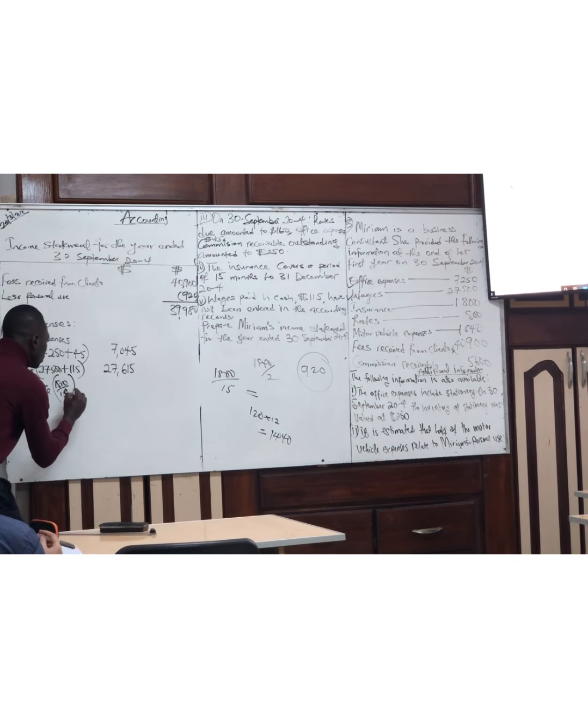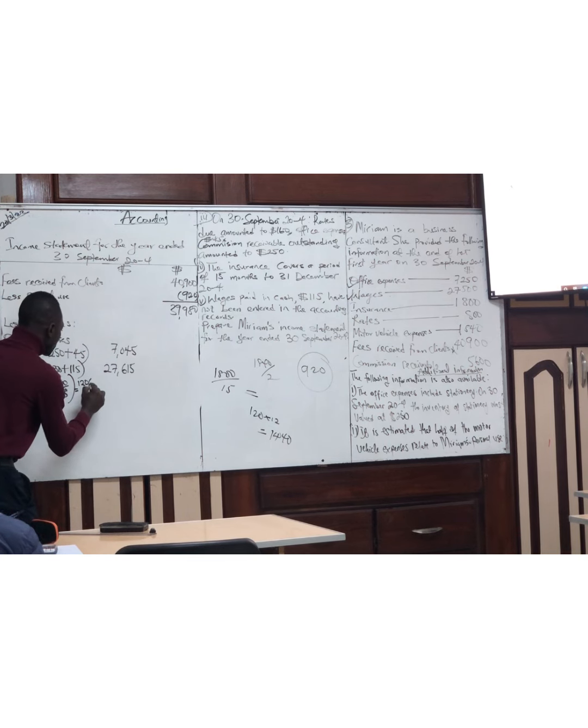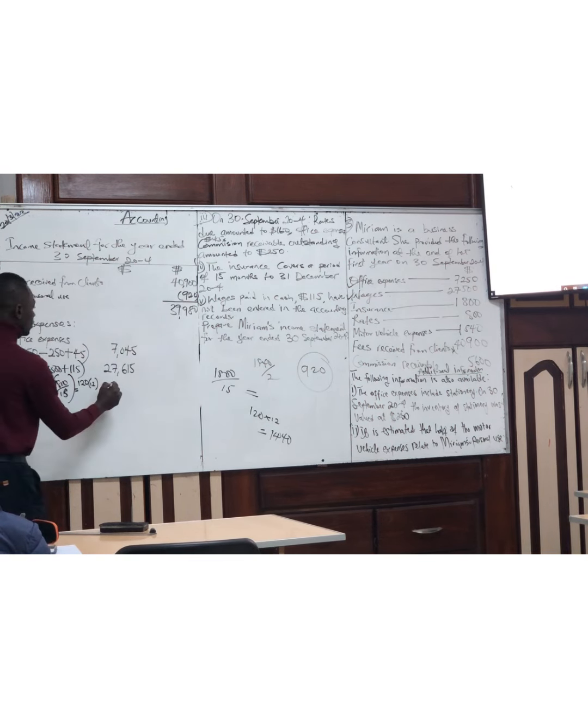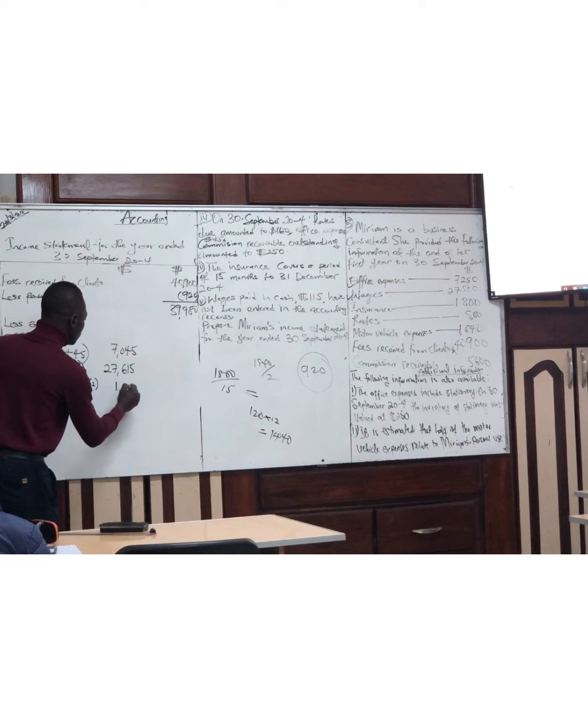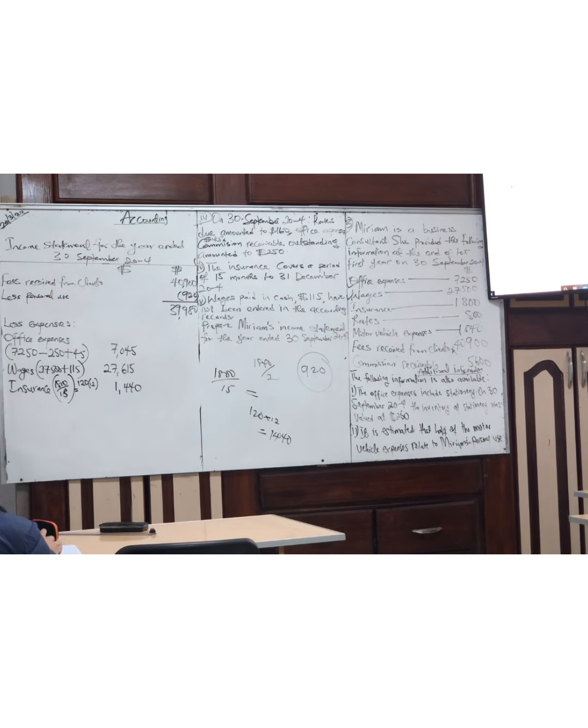What does that give you? 120. So 120 multiplied by 12. What does that give you? 1,440. Are we getting it now?